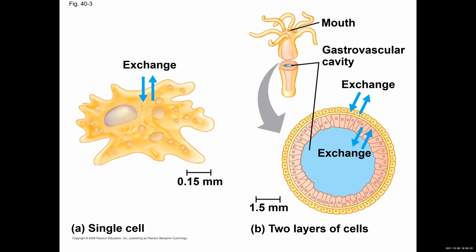And so what we'll see over and over again, anywhere we're trying to do exchange in a body organ or with a part of a body, is that in order to maximize that contact with the environment, that structure is going to have ridges, it's going to have folds, it's going to have little protrusions sticking up, and all of those things are going to increase the surface area across which exchange can happen.